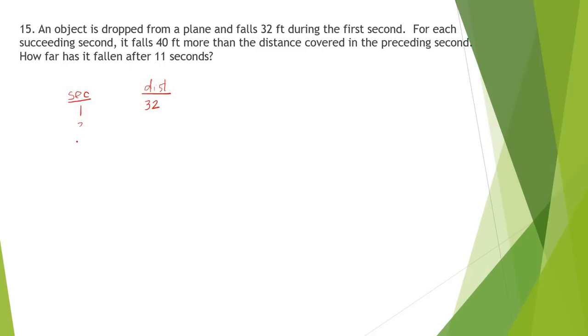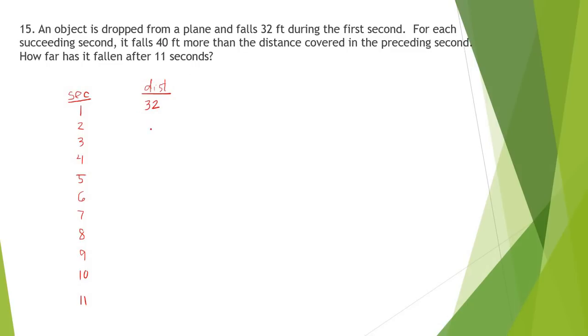So 2, 3, 4, 5, 6, 7, 8, 9, 10, 11. Anyway, we have plus 40. We have a common difference of 40.